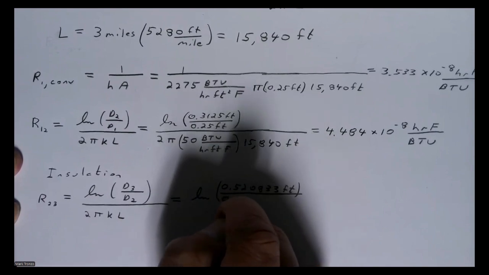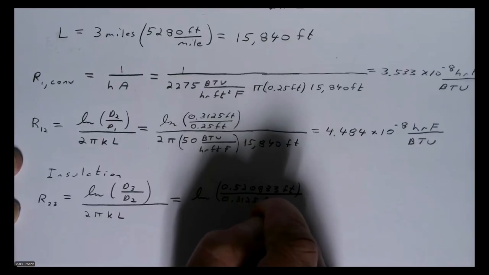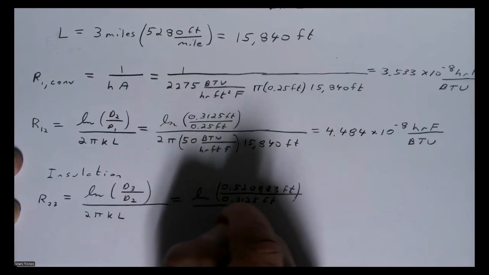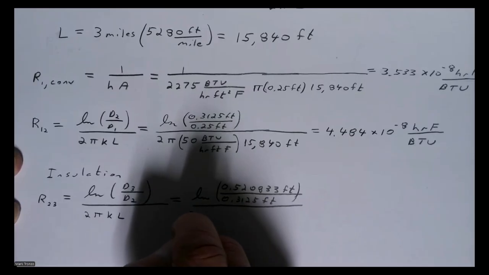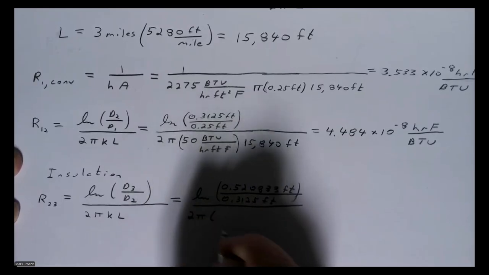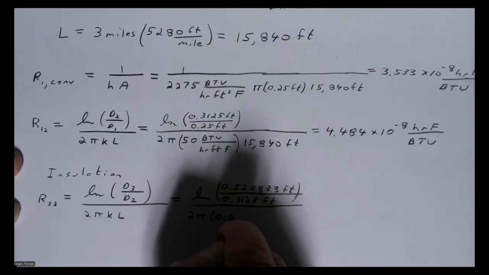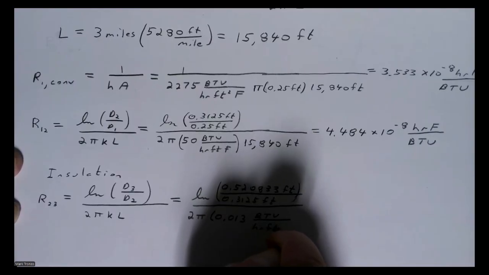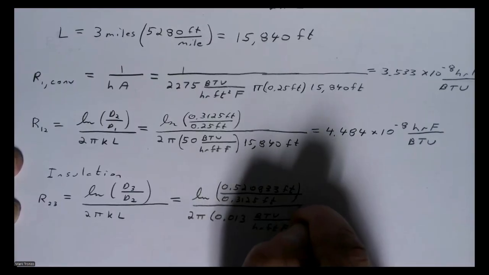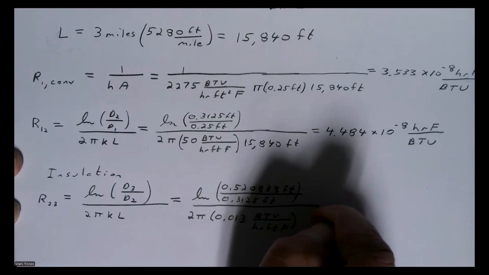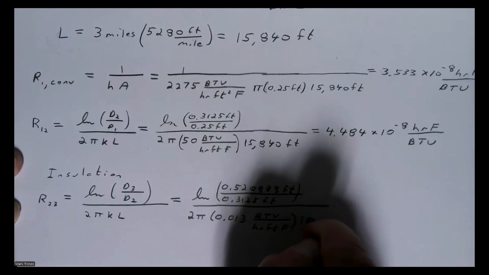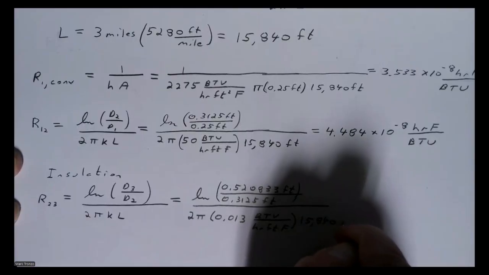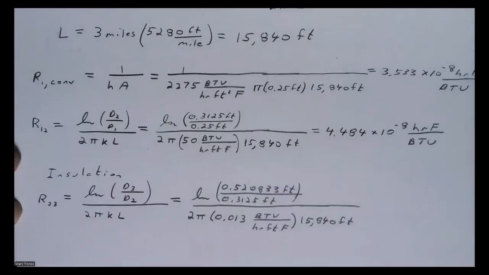And D2 was 0.5 feet. The insulation's thermal conductivity was 0.13 BTU per hour feet F. And the length was 15,840 feet.